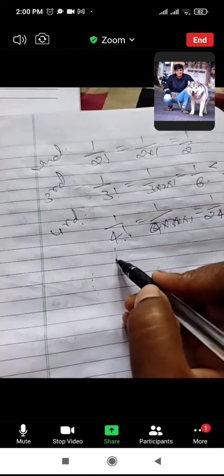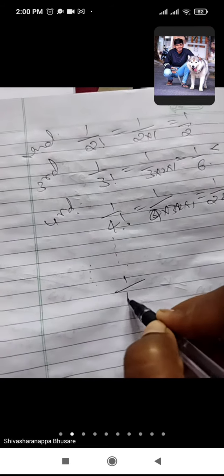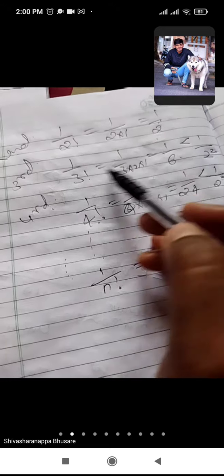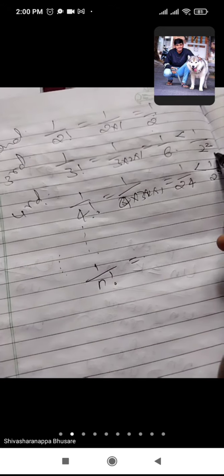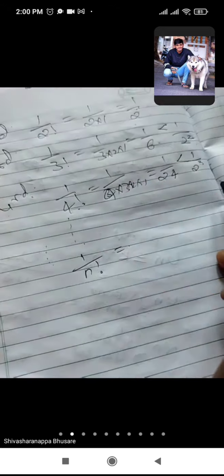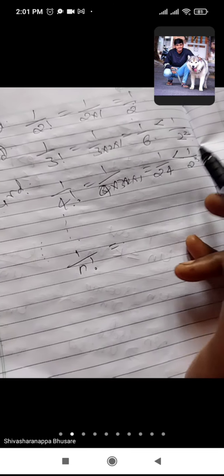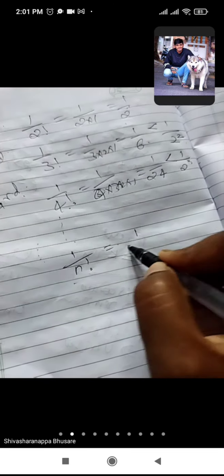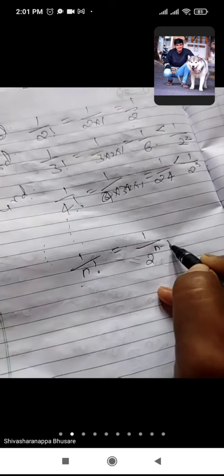Similarly, if you take up to the nth term, 1 divided by n factorial, observe the pattern here: the second term is 1 by 2 to the power of 1, the third term 1 divided by 2 to the power of 2, and the fourth term 1 divided by 2 to the power of 3. Similarly for the nth term, 2 to the power of n minus 1.